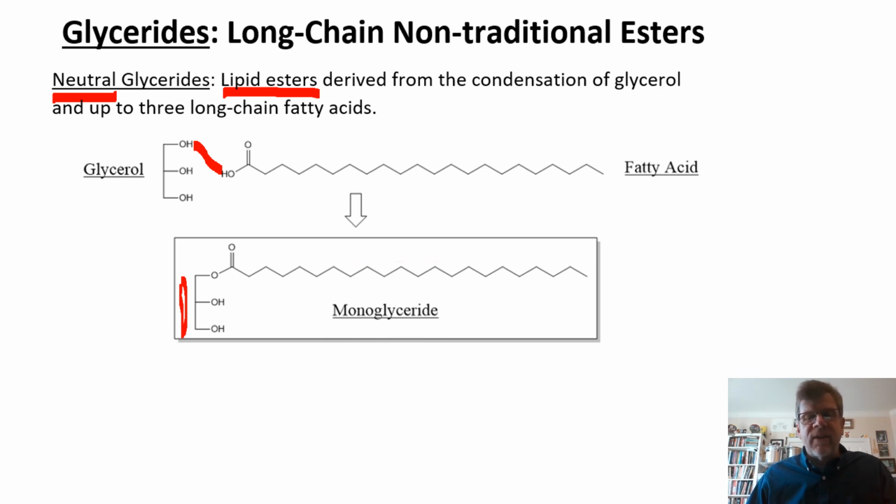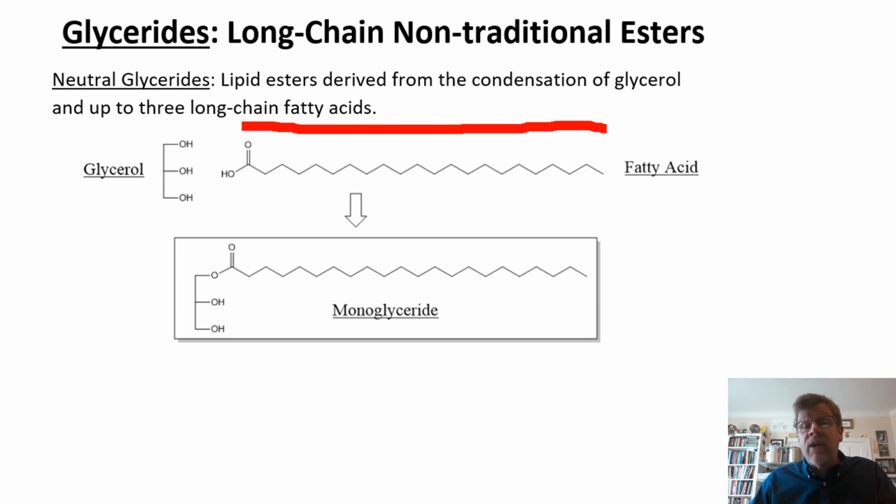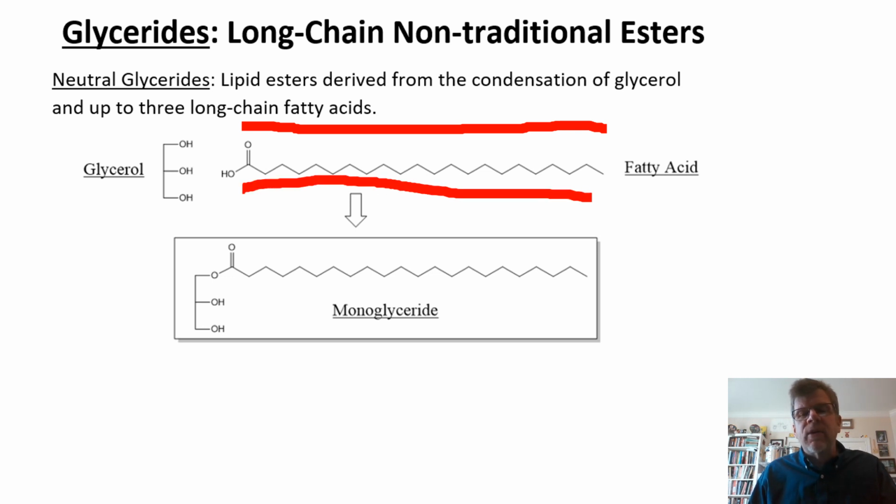Now, in this type of structure that we see here, it does not matter the specific identity of the fatty acid. In this case, I have a saturated fatty acid. It is a certain number of carbons long. It does not have to be this particular molecule. This is just being used as an example.